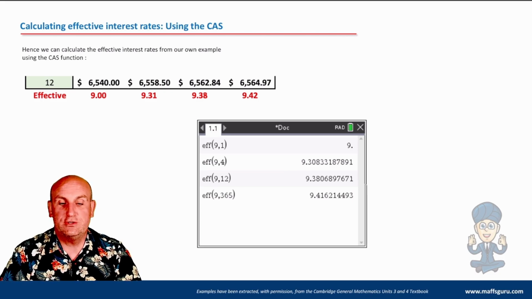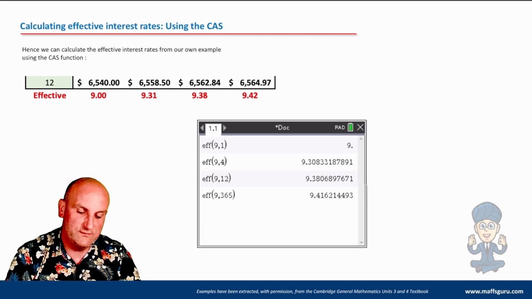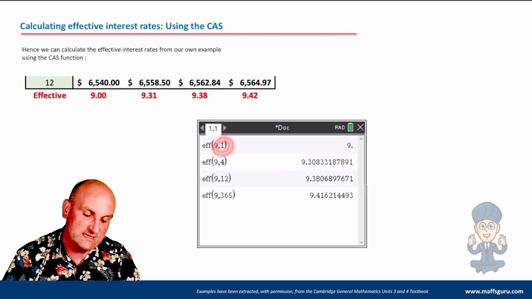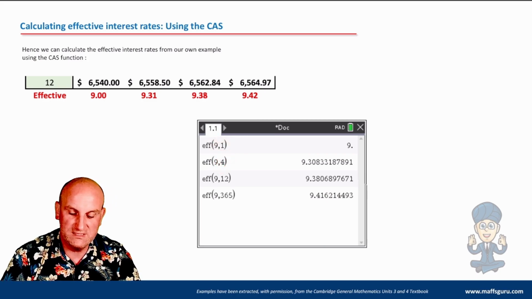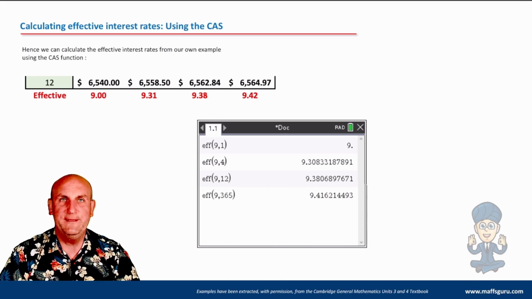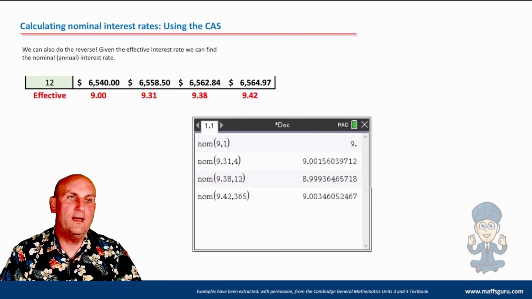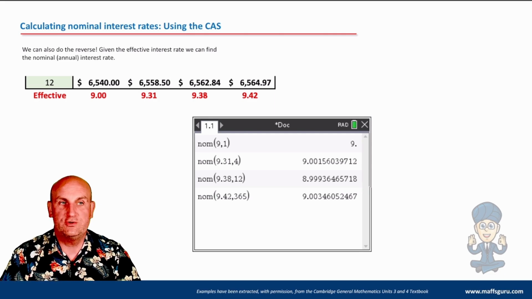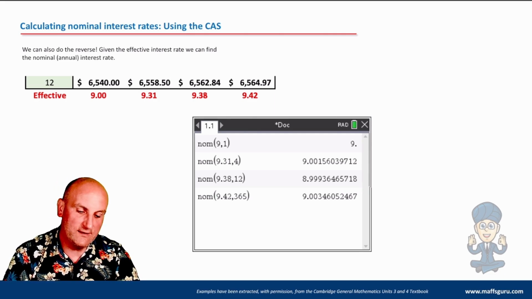Right, so there we go. This is a screenshot just showing you how I got all the individual calculations. Remember, the 1 was annually, 4 was paid 4 times a year, so quarterly, 12 monthly, 365 daily. Now, obviously, with a nominal interest rate, I can go backwards, as I said a moment ago, if I was given an effective interest rate.